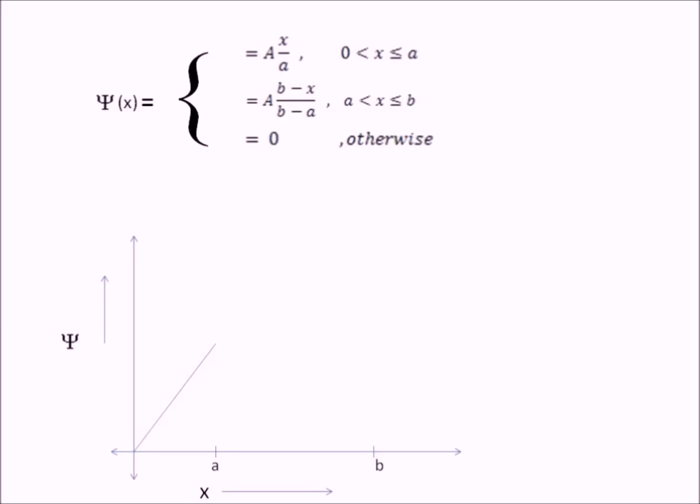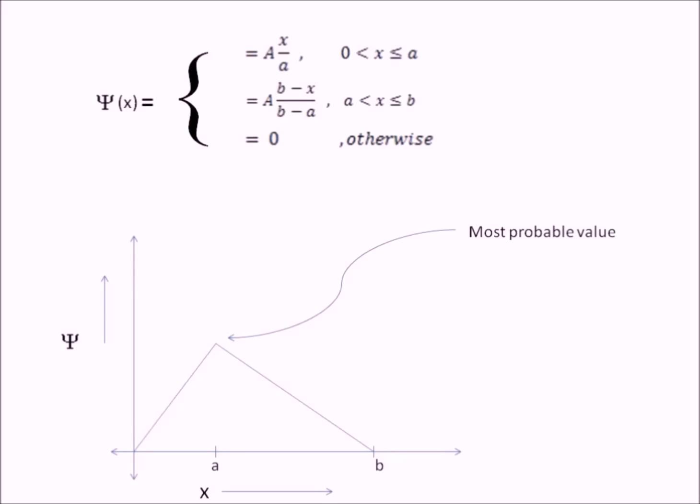So psi is equal to A by a into x. So m is A by a and c is 0 in this case. So it is just a straight line and the slope is positive, so it is increasing. From a to b, this is also a linear case, but in this case the slope is negative, and this is the nature of our wave function.